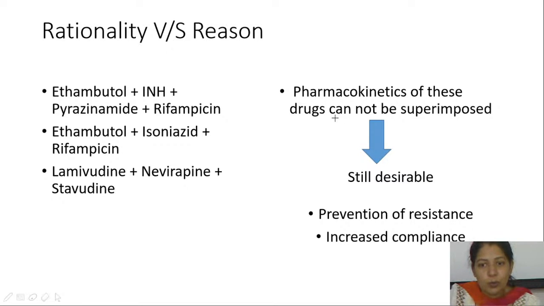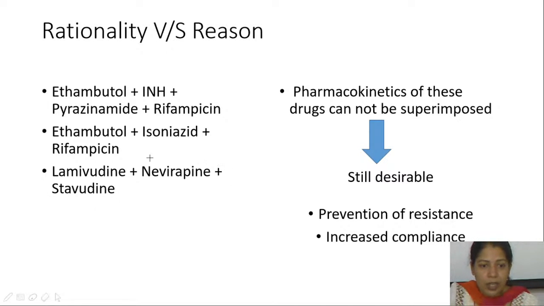So they cannot be superimposed, but still the combination is desirable because it simplifies the regime, improves the adherence in a disease of national importance, which would have indirect sequelae in the sense that if a patient takes drug regularly, he is likely to become sputum negative fast. He is less likely to transmit disease to others, thereby reducing the national load of disease.